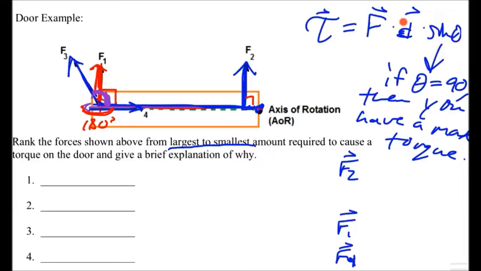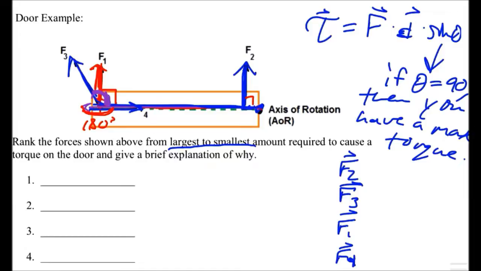The lever arm is the same as it was for force vector 1. So are you going to need force 3 to be larger or smaller than force 1 to get the same amount of torque? You're going to want it to be larger. Hopefully you came up with that. That kind of compensates for your theta not being at 90 degrees.